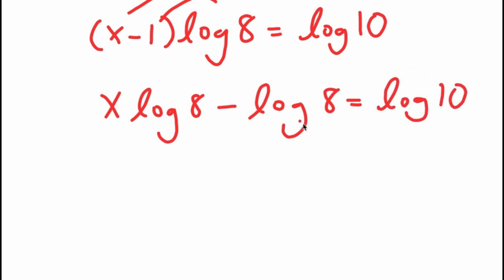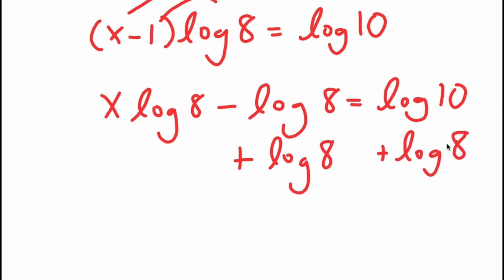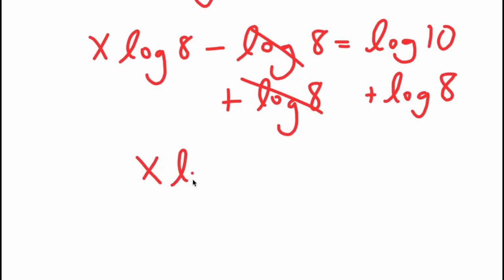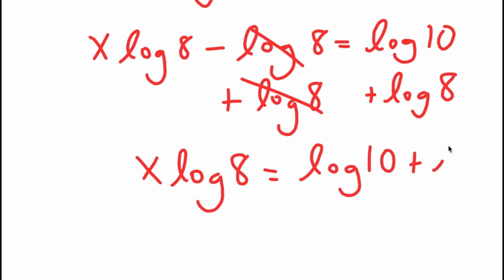And now I'm going to add log 8 on both sides. So then these two cancel out, and I get x times log 8 is equal to log 10 plus log 8.